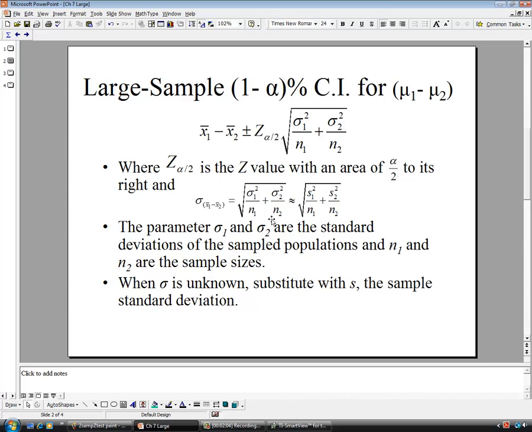Now, again, typically we don't always have the population variance or population standard deviation, so you certainly can use the sample variance to substitute for those. So again, confidence interval, point estimator, x1 bar minus x2 bar, plus or minus the critical value. It's z of alpha over 2 because we have sufficiently large values of n. And the standard deviation is this guy right here.